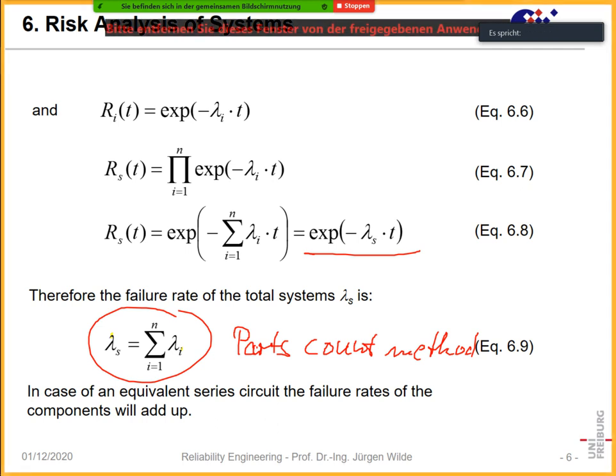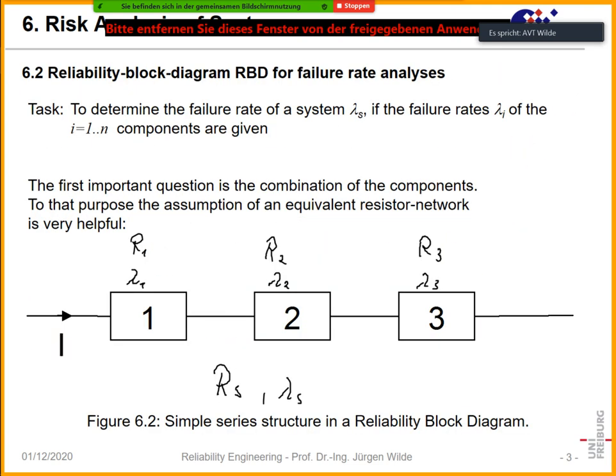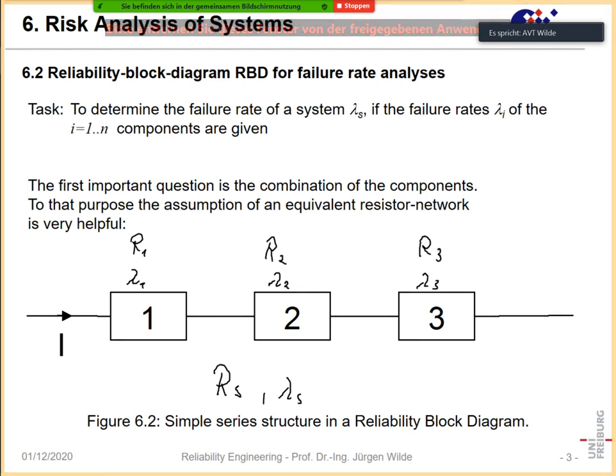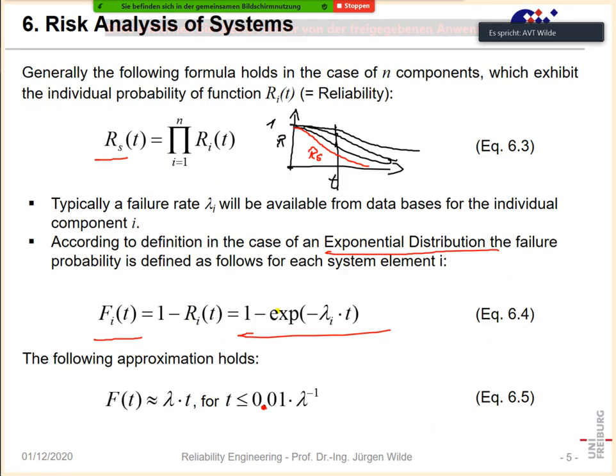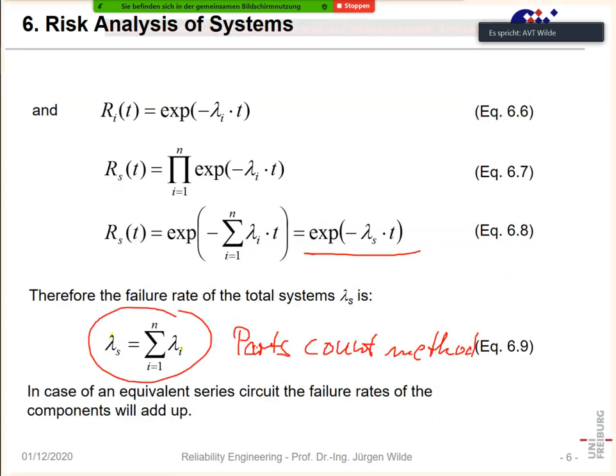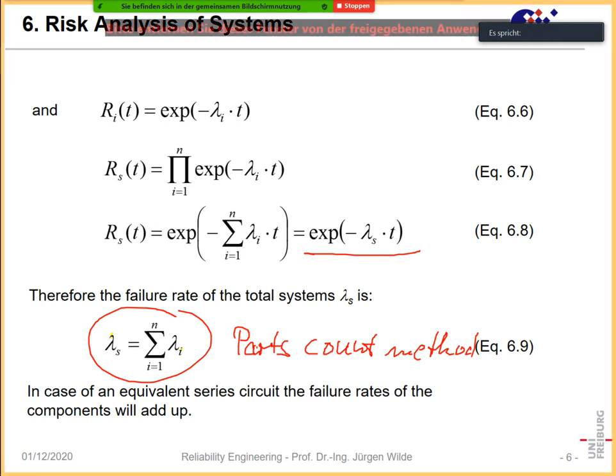Okay, in that way, we have first derived a solution in the case of a series system, and in that system where all devices must survive in order to have a functional system, we can add up all of the failure rates, assuming that we have an exponential distribution of failures.